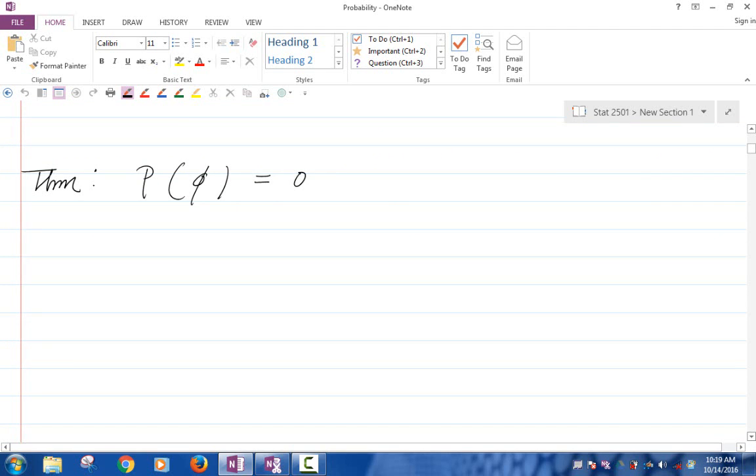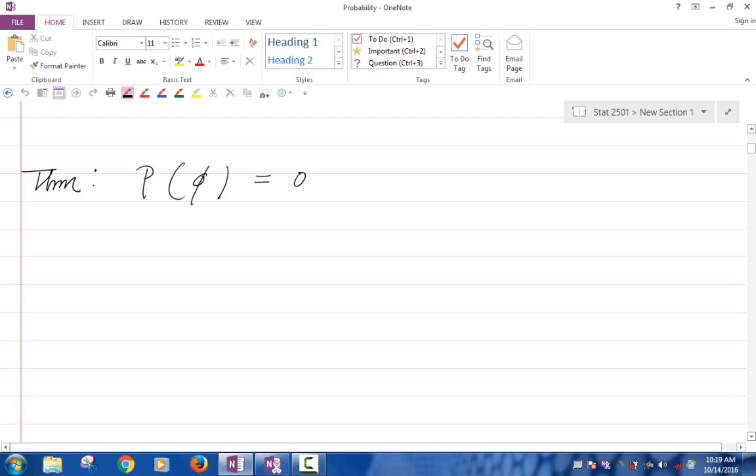So my first result or theorem based on the three axioms is the following: the probability of the empty event must be zero. This isn't my assumption, right? The probability of phi is zero. That's not one of the assumptions.